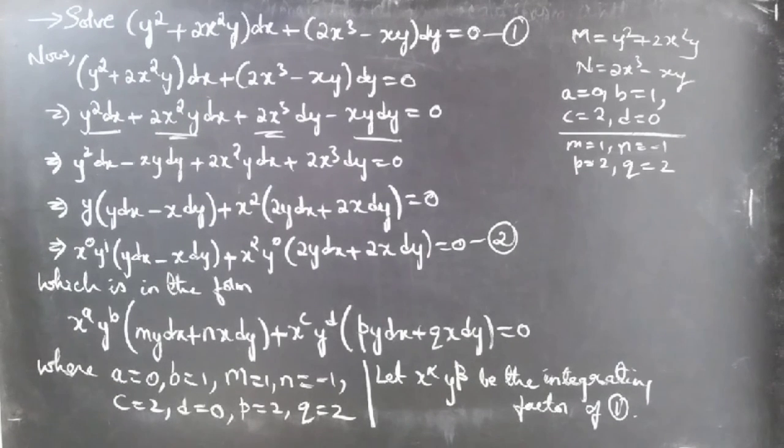Now we'll find alpha and beta, and later we'll multiply the integrating factor to the given differential equation to make it exact, and then we'll find the general solution to the given differential equation.